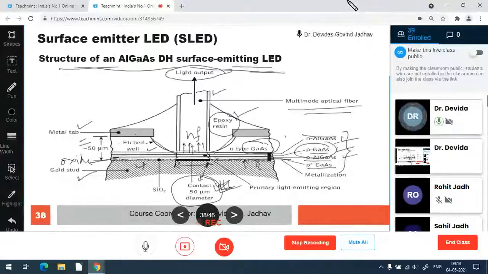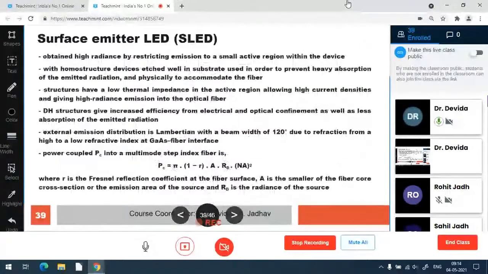surface emitting LED. So there is a surface emitting LED, and there is an edge emitting LED. In the case of the surface emitting LED, SLED, high radiance is obtained by restricting the emission to a small active region within the device. With homostructure devices, the etched well has the same material; in a heterostructure, materials have different bandgap energies. The substrate is used in order to prevent heavy absorption of the emitted radiation.